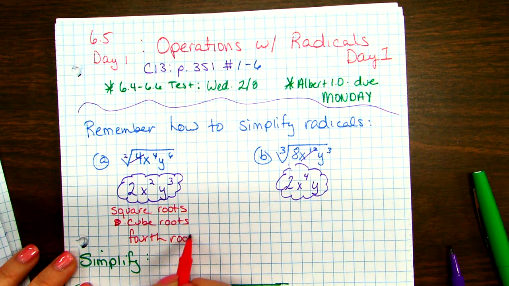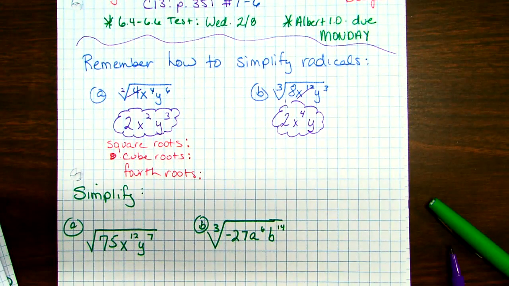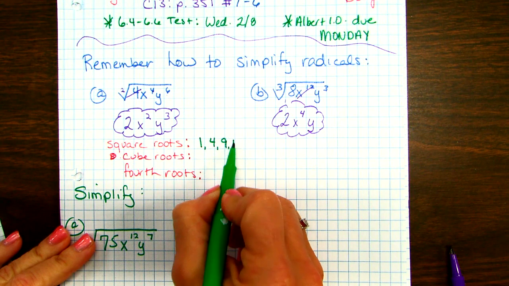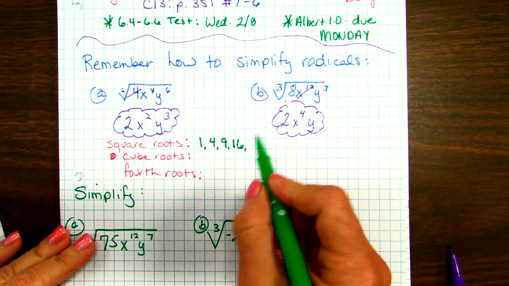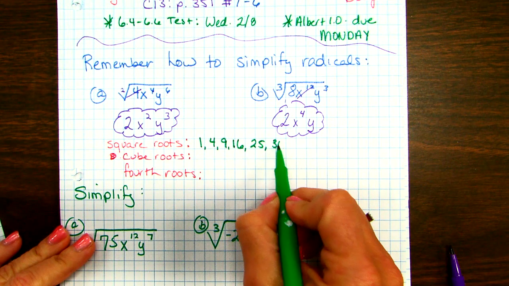Why? Because it makes what we're about to do so much easier. Even if you're pretty good with, especially the square roots, you probably have those memorized. 1, 4, 9. It's actually helpful, even if you're good at this stuff, to have the list in front of you.